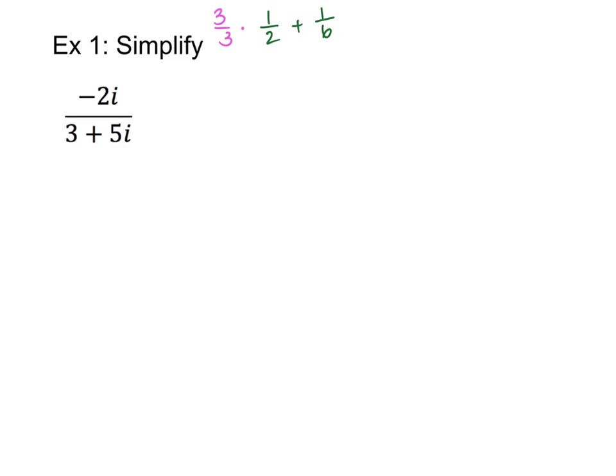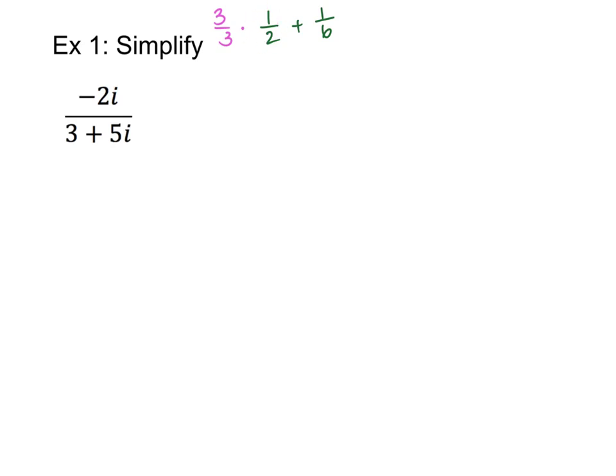The reason we do this is because 3 over 3, or any number over itself, is just 1. So you're technically multiplying this fraction by 1, so you're really doing nothing to the fraction. And that's exactly what we want. We want to change the way it looks, but not change the fraction completely. In this case, we're basically tripling this fraction.